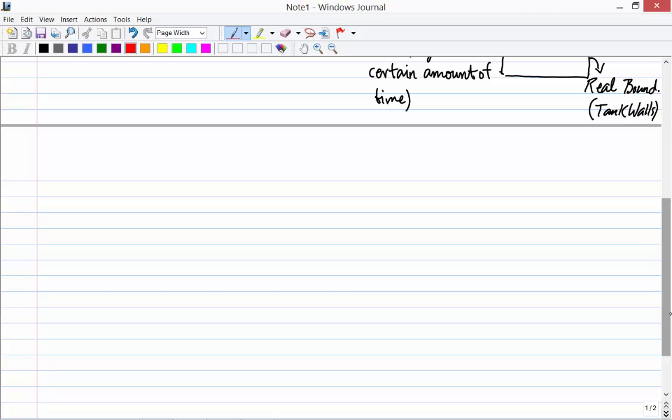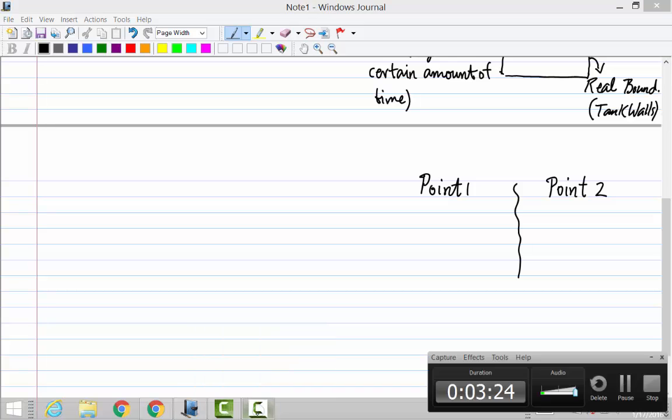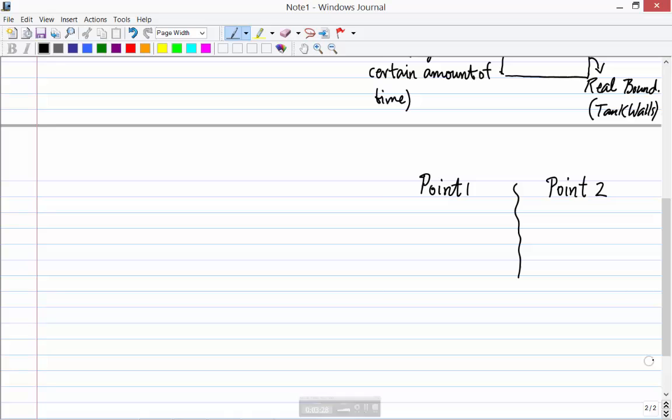So just these 2 points would be enough. I'm a little bit worried about this software, if it's going on right. Yeah, apparently it's working.